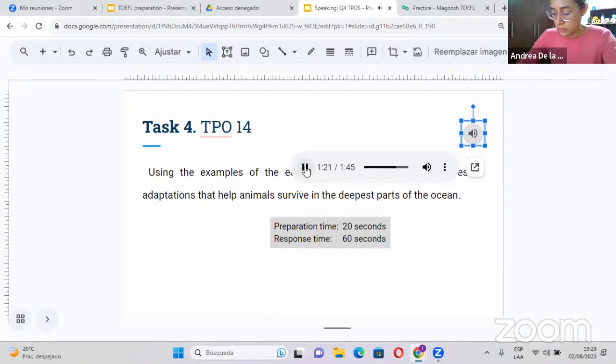For example, there's a kind of fish called the anglerfish, and on its head, this fish has a little structure that produces light, that glows in the dark. This little light is positioned close to the fish's mouth. Other fish are attracted to this light. They think it's something small they can eat, so they swim straight toward it, and that brings them close enough for the anglerfish to capture them and eat them.